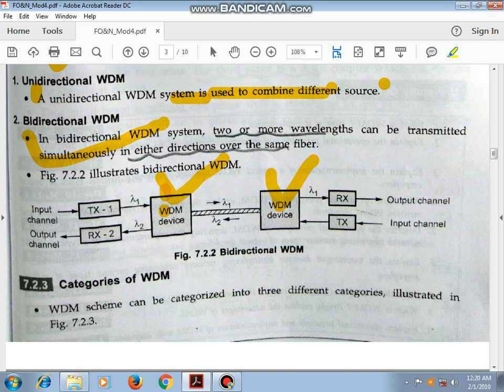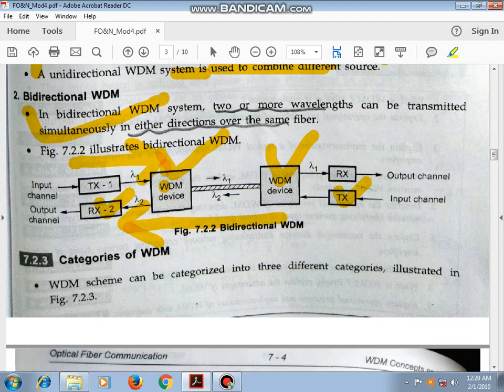You can send the data from this transmitter toward the receiver, in this direction from the left side toward the right side. Next, by using this transmitter and this receiver, you are sending the data in the reverse direction from the right side back again to the left side. This is a bidirectional WDM.